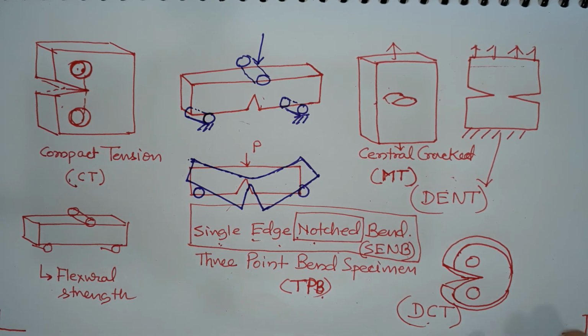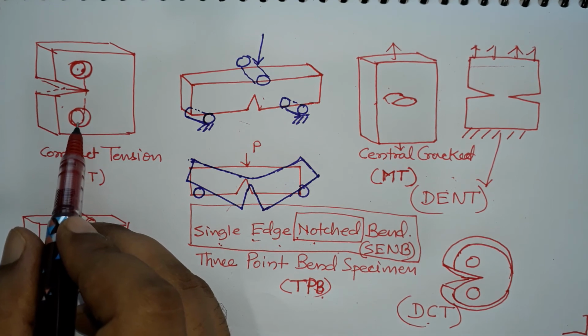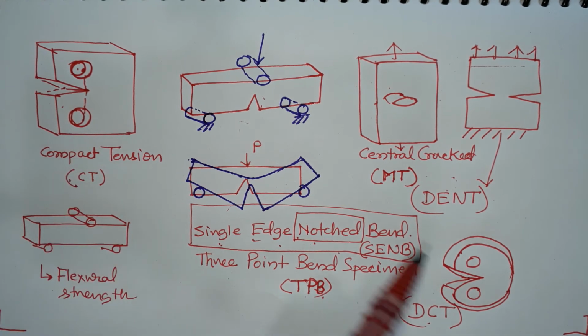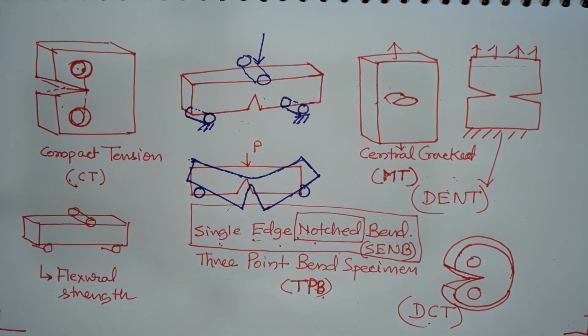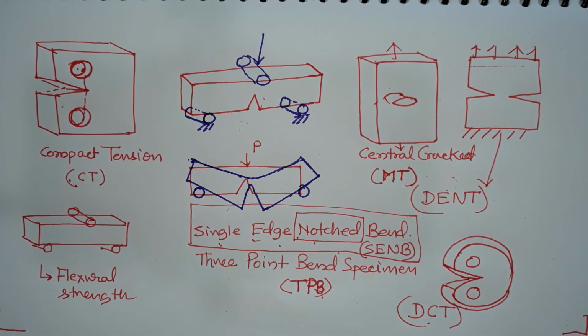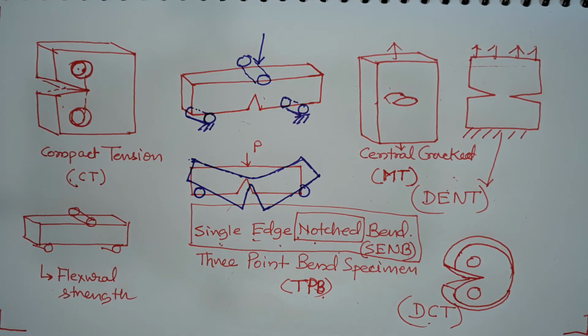So, why do we use such different types of specimens? Why can't we just be happy with one type of specimen? The reason is that the first-hand testing happens in research, and once the research is done, it becomes commercial, and materials are produced in industry and sent for making different components.